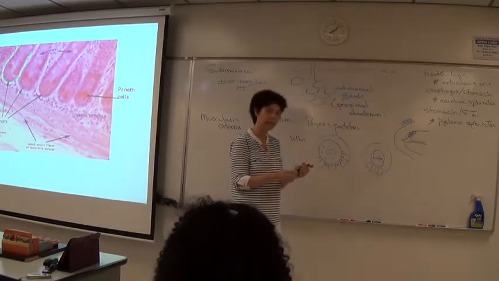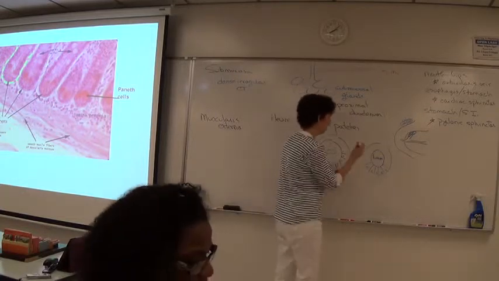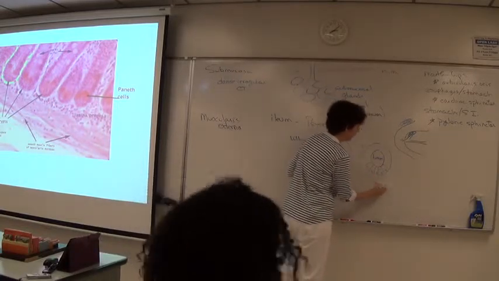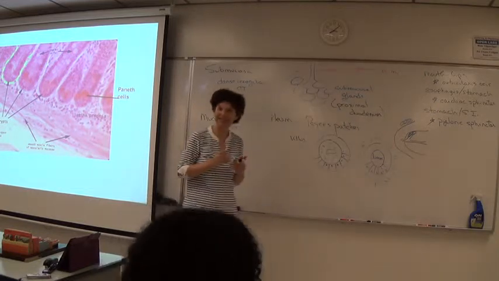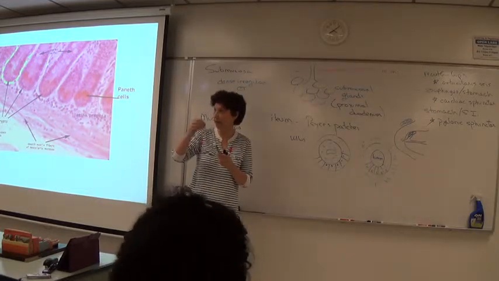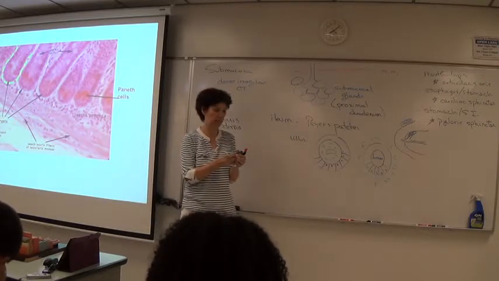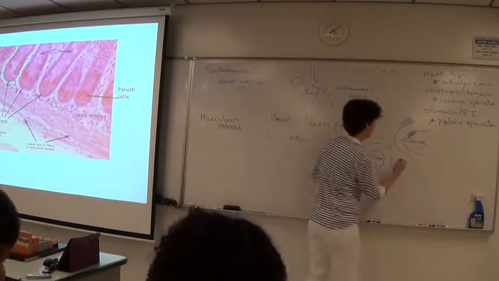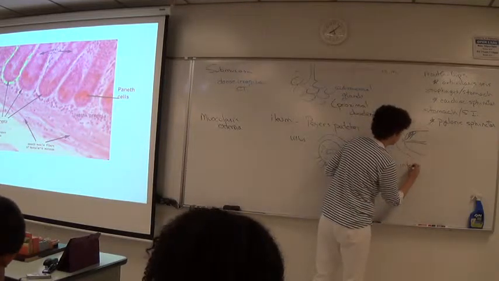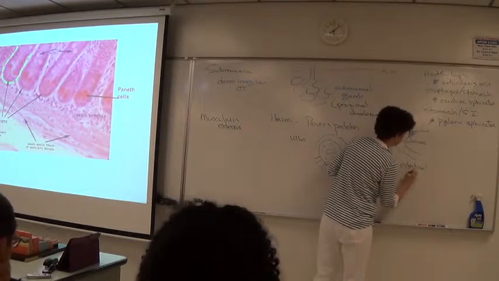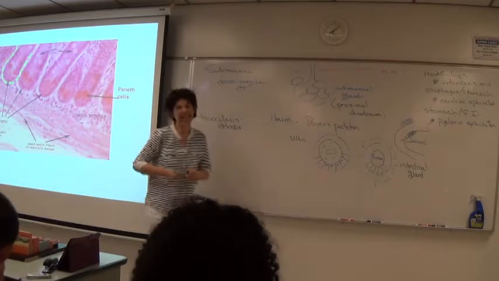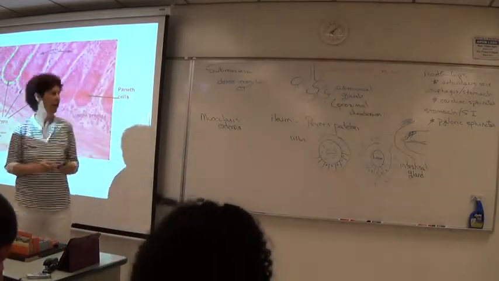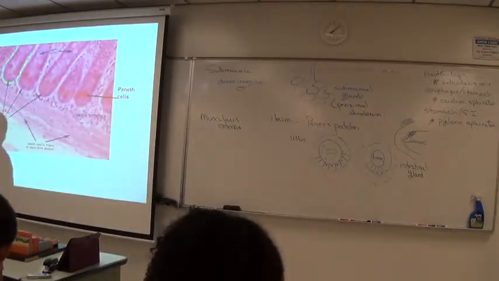And we would have loose irregular connective tissue solid around this. So the two are reversed. Okay, the glands are hollow in the middle, the villi are solid in the middle. So this would be an intestinal gland, which makes sense when you think about what type of structure you're looking at.